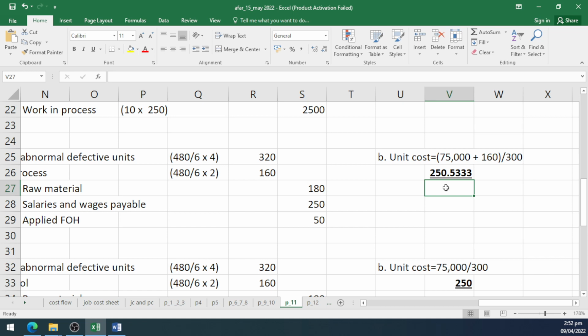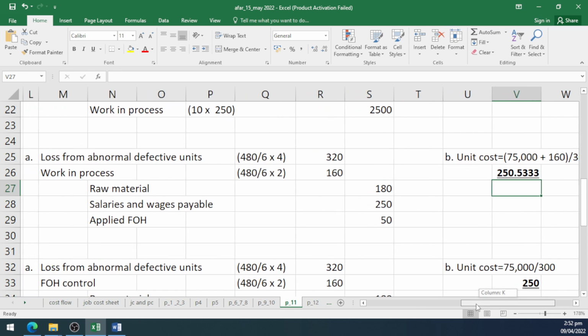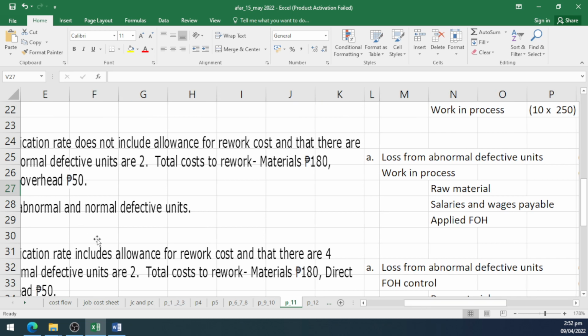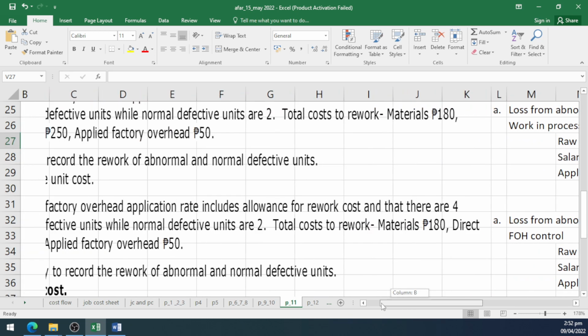And the increase is brought to you by yung pong 160 na dinebit sa work in process, inabsorb nilang lahat. 160 over 300 units, 0.5333. Nag-share-share sila. Basta tandaan ninyo, pag charge to specific job, mag-i-increase ang unit cost. Kung charge to all job, as is, yung unit cost. Tingnan nyo to class, dito sa susunod.